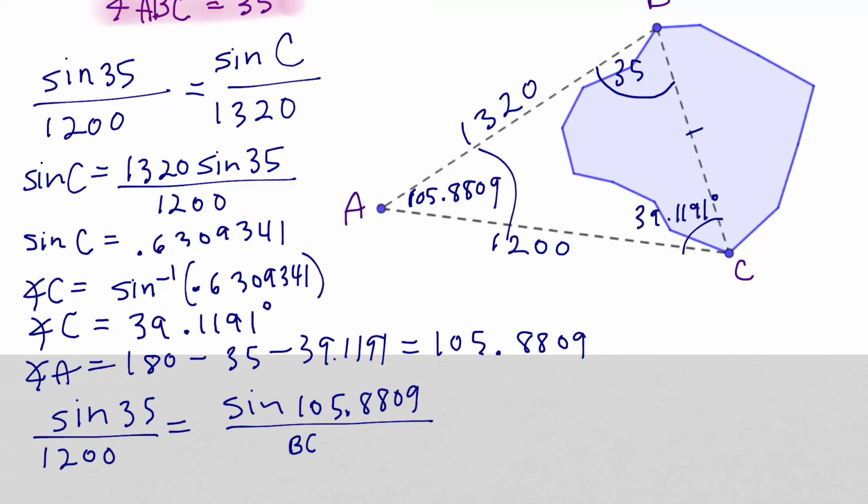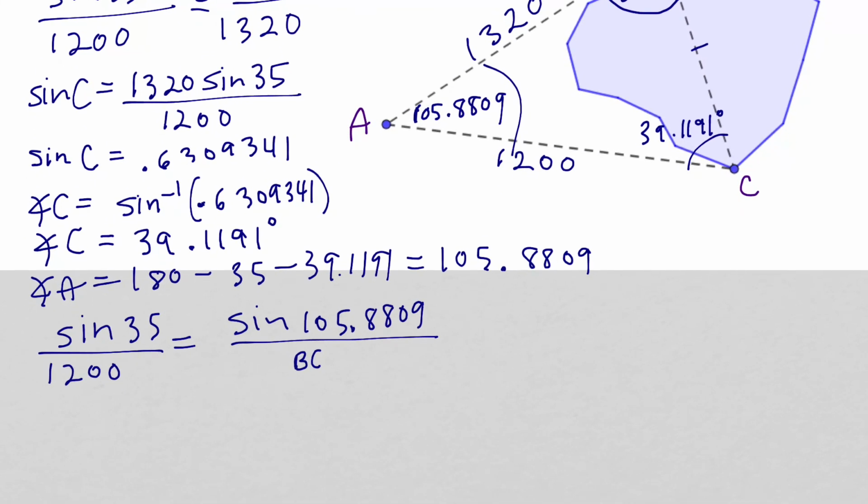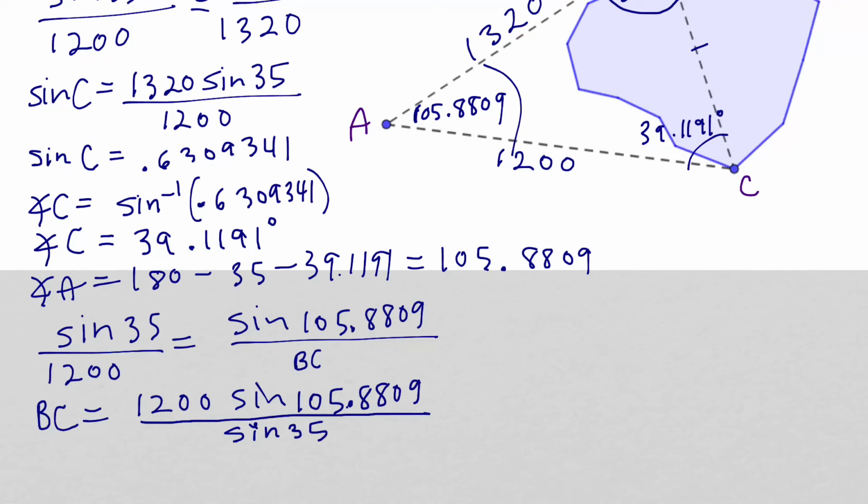So now we'll just write out our final step here. BC is equal to, cross multiply and divide, 1200 sine of that angle divided by the sine of 35.